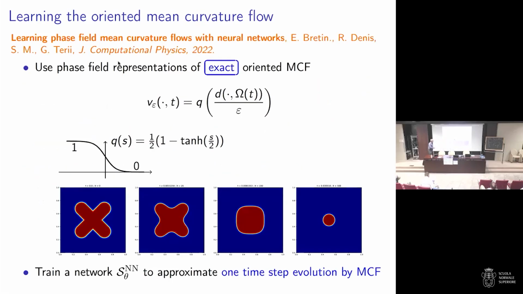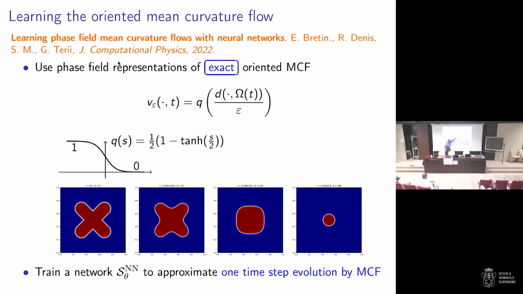Okay, so let's see how we can do that for the learning of the oriented mean curvature flow, so the mean curvature flow of domain boundaries. The key point is that you want to train your network on exact evolutions. So this is not an exact evolution, this is an approximation. I will tell you what kind of exact evolution we use.